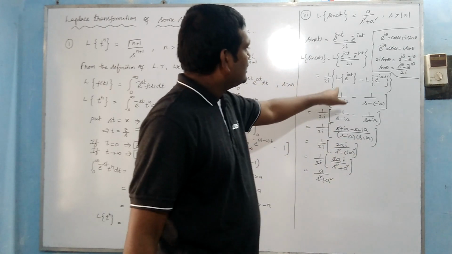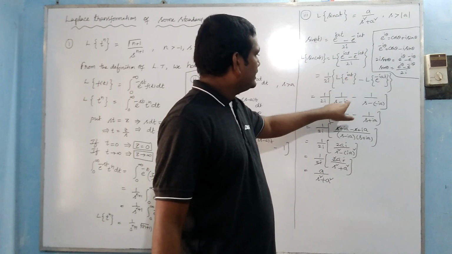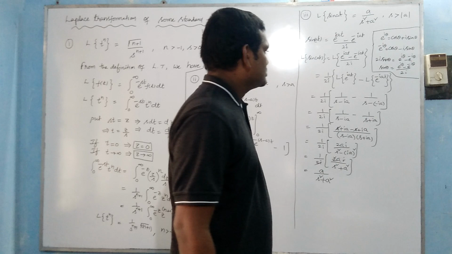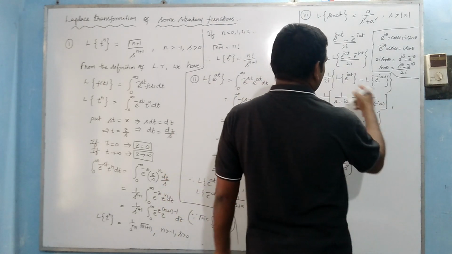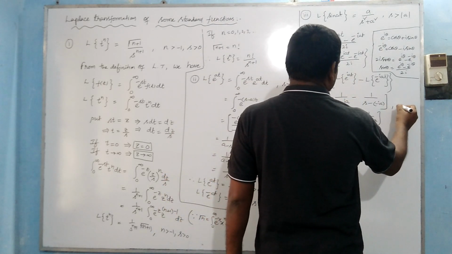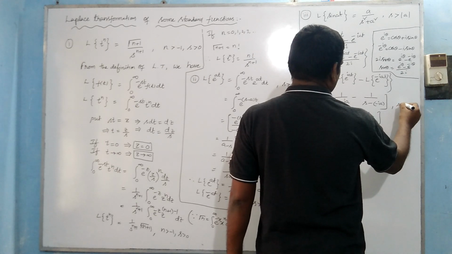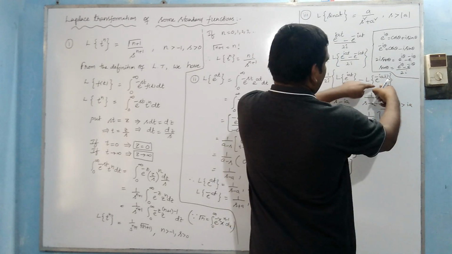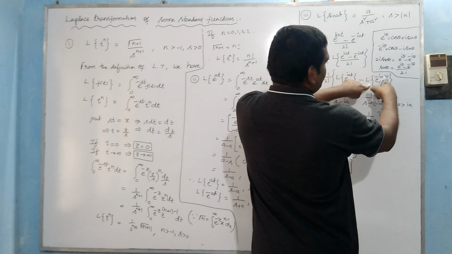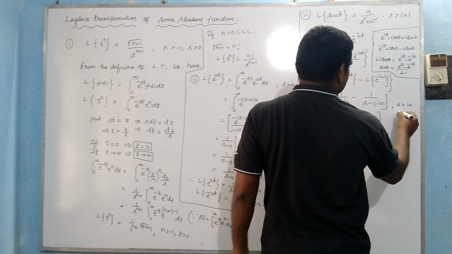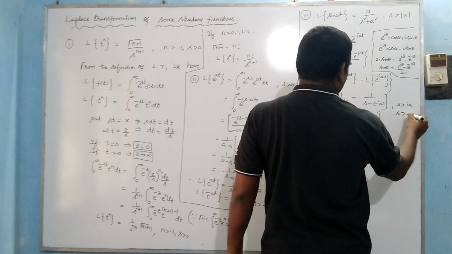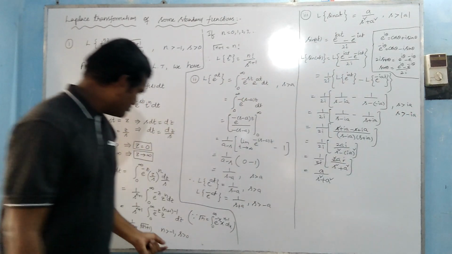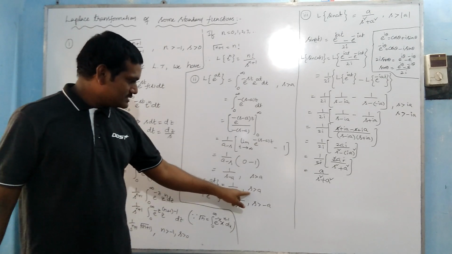Okay. So here Laplace of e power at is equal to 1 by s minus a, here a means ia. So here applying for this formula, s is greater than ia. Now here applying Laplace of e power at, so here condition is s is greater than minus ia. Clear? So from this formula, s is greater than a.